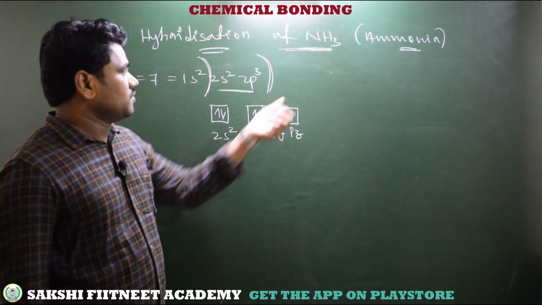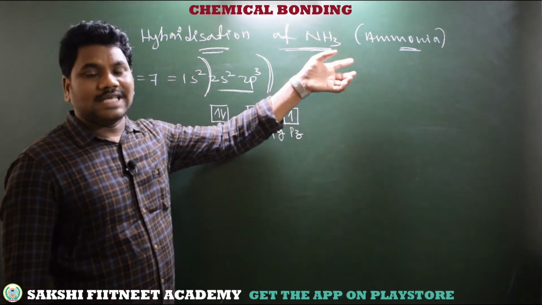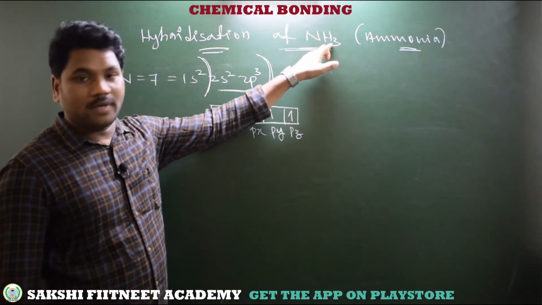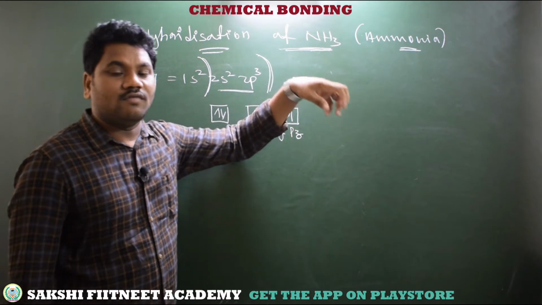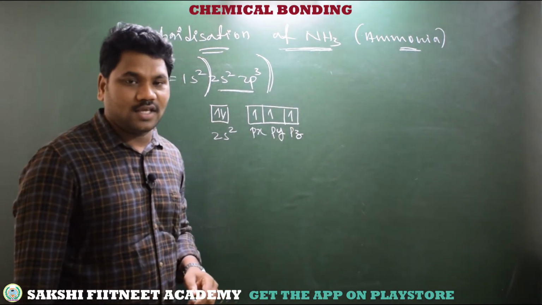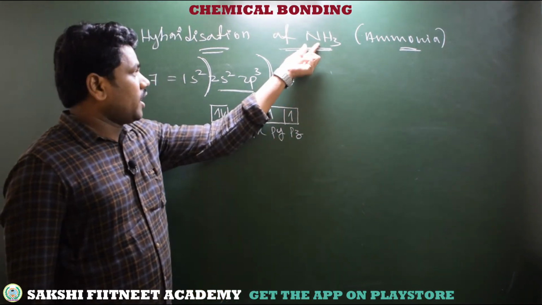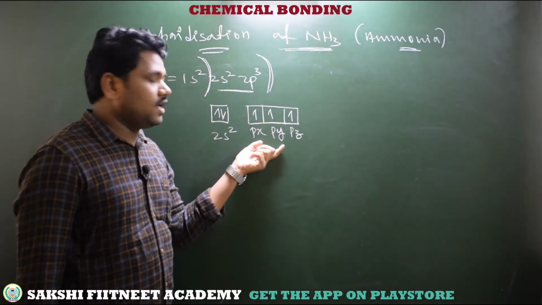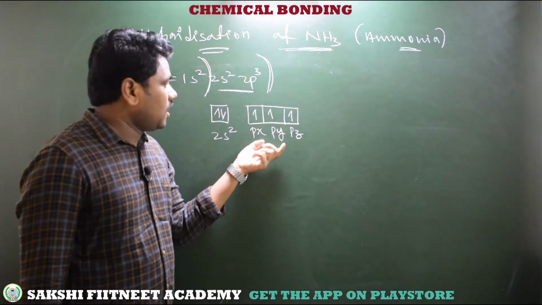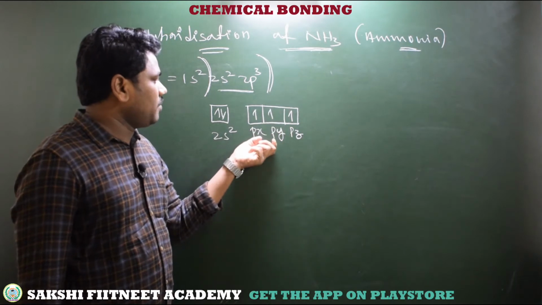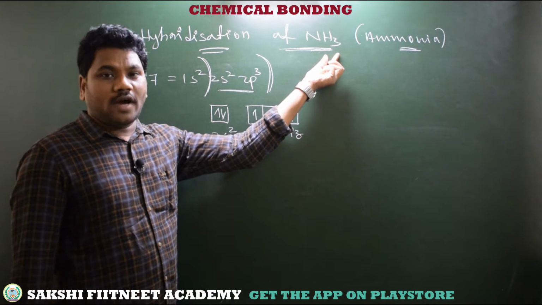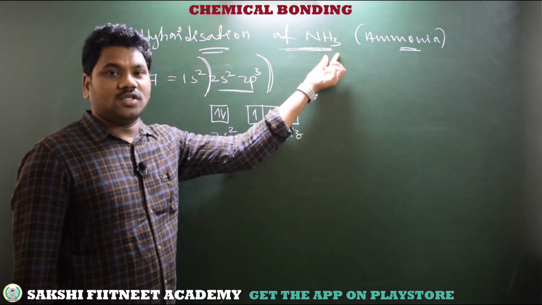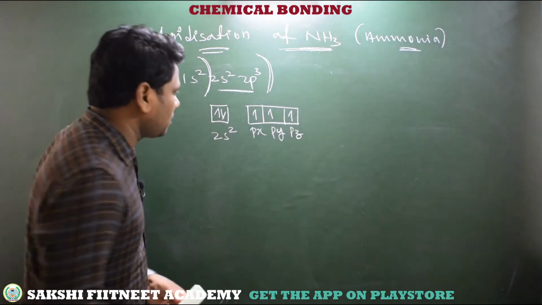We know the covalent bond always exists between non-metal and non-metal due to overlapping of their valency unpaired orbitals. So now nitrogen shows 3 valency unpaired orbitals. Each unpaired orbital is going to overlap with an unpaired orbital of hydrogen.